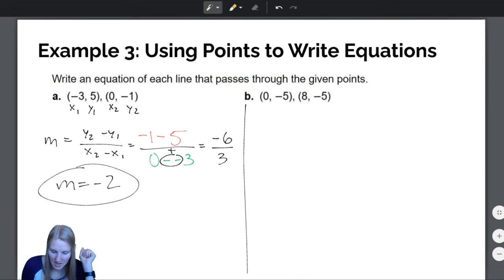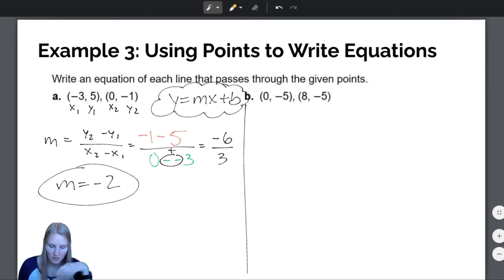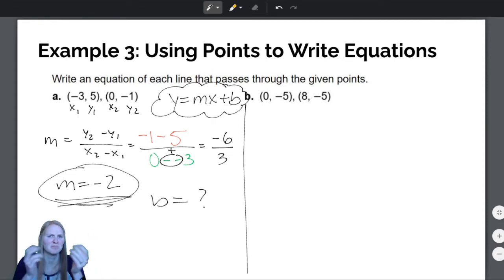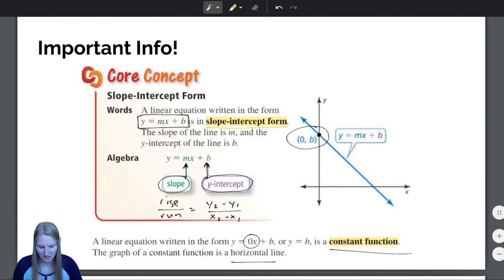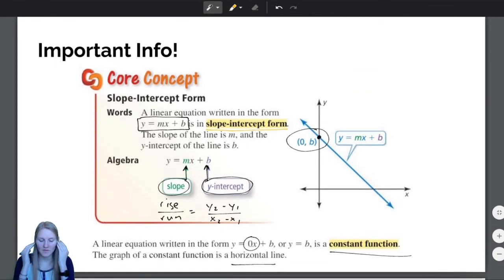Awesome. Now, I want to put this in the form y equals mx plus b. So I have found m, but I need to know, what is b? Well, let's go back and look at this slide once more, because notice, if I'm looking at b, or the y-intercept, notice how the point is always 0, comma, b.